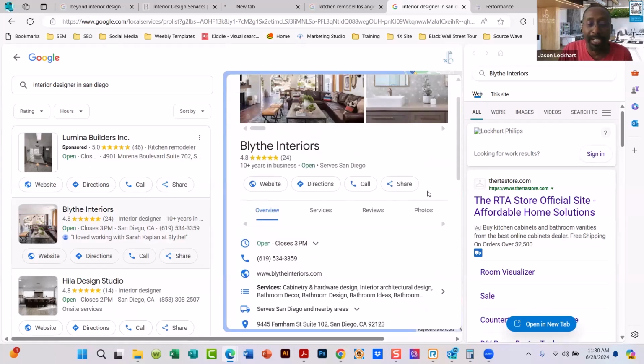When we usually do an analysis, we want to see how many reviews they have. They have 24 reviews. I'm not going to go through all of this now, but we want to actually look at their reviews. Of the 24, how many are 5-star, 4-star?